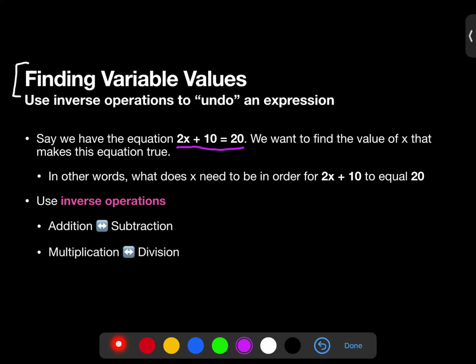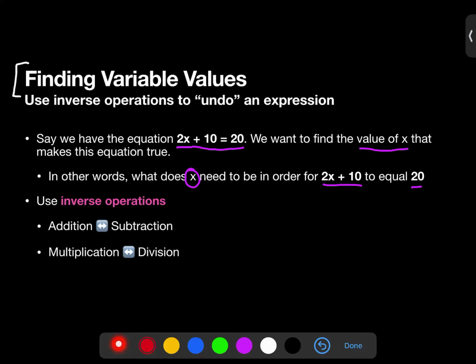We want you to find the value of x that makes this equation true. In other words, what does x need to be? So what does x have to be as a number in order for 2x plus 10 to equal 20?